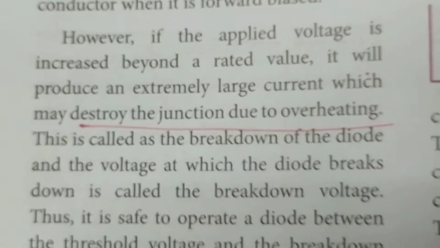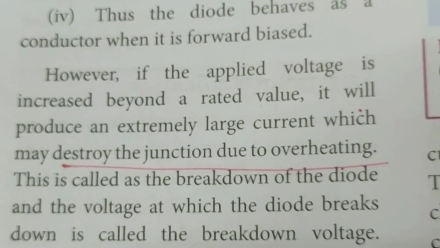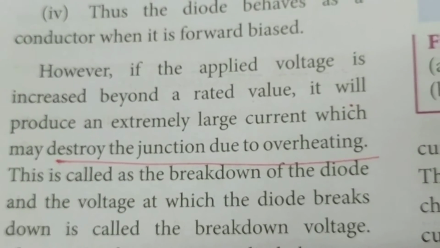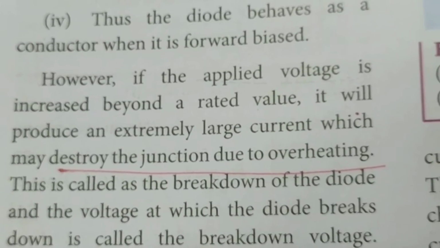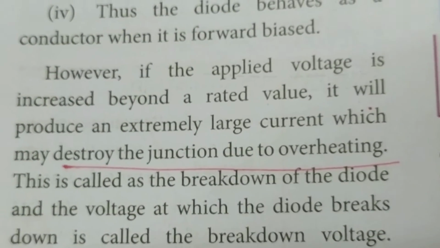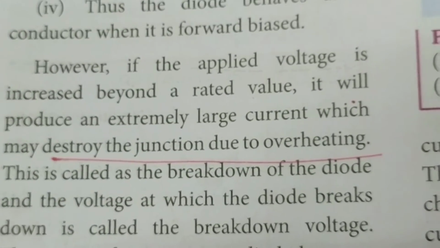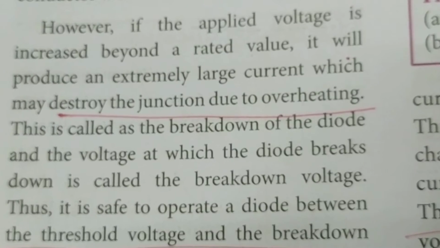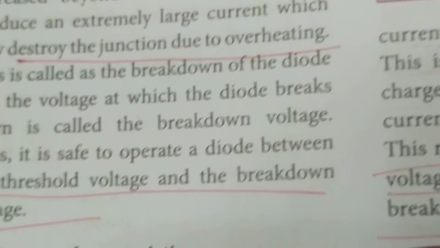The external resistance is usually connected so that there is no destruction of the junction due to overheating. But when the applied voltage is increased beyond the rated value, a very large amount of current will flow through the junction and it will destroy the junction. This current is called the breakdown current, and the voltage at which the diode breaks down is called the breakdown voltage.